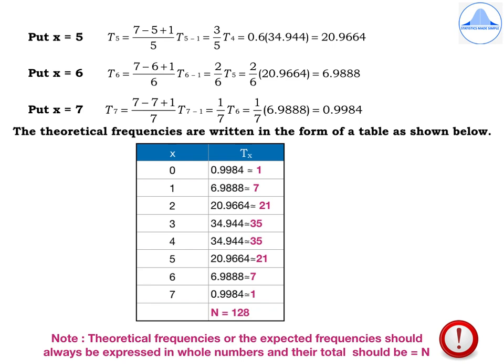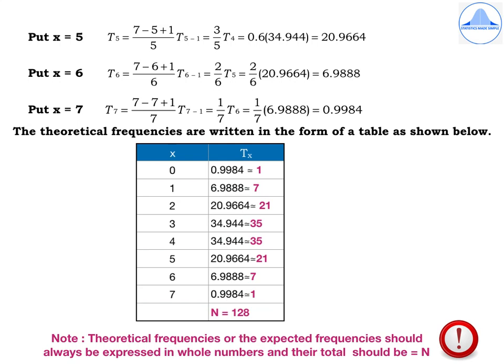And now add up all these theoretical frequencies and it should give us the value of capital N, which is equal to 128. Now, though we obtained the theoretical frequencies in the form of decimals, that is 4 places after the decimal, we round them off to a whole number, because you know that frequencies are never in decimals, but they should always be in whole numbers, because frequencies may denote something like number of students or number of trees, number of children, number of books.